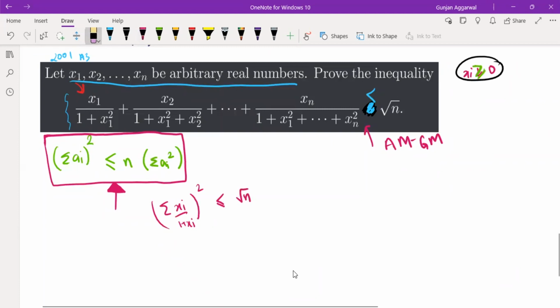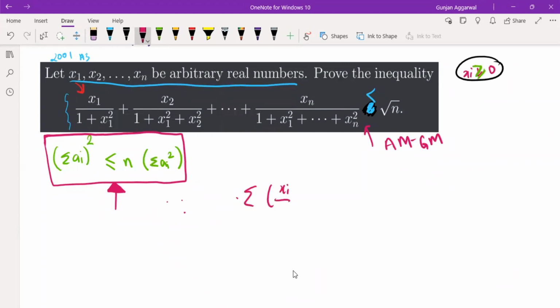This is not what I got. I got x1 by 1 plus x1 whole squared. So it's like xi upon 1 plus x1 plus up to xi squared. Remove the squares. The squares is outside of the whole denominator.